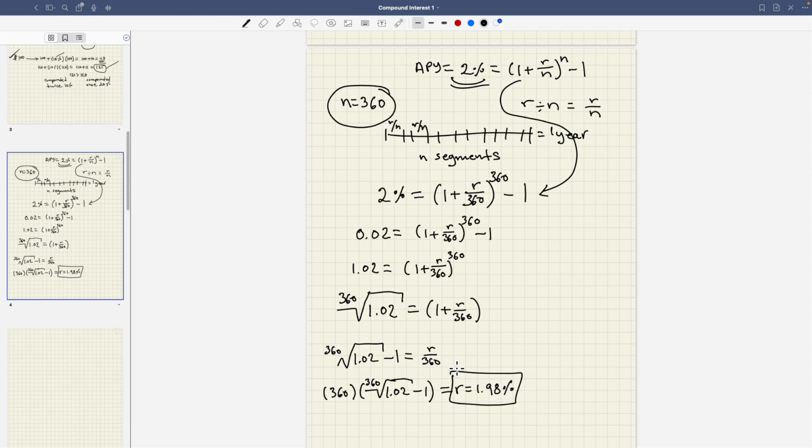The APY is actually called the effective rate. It doesn't matter what they call them, I guess, as long as you know what you're doing. And this could be called the annual rate or the nominal rate.